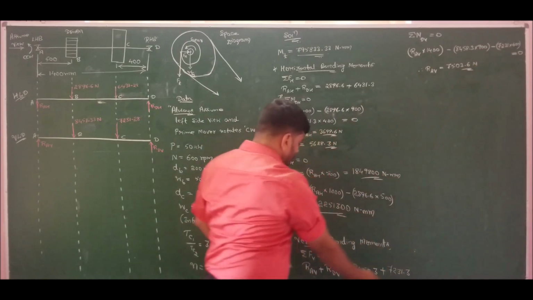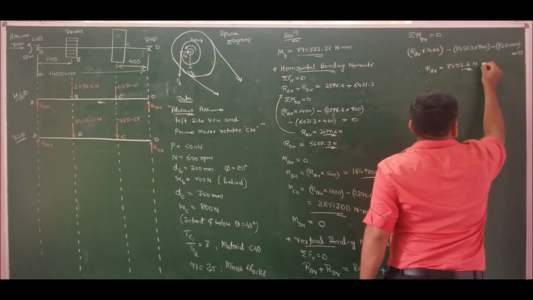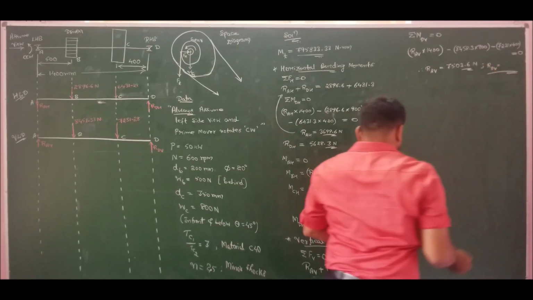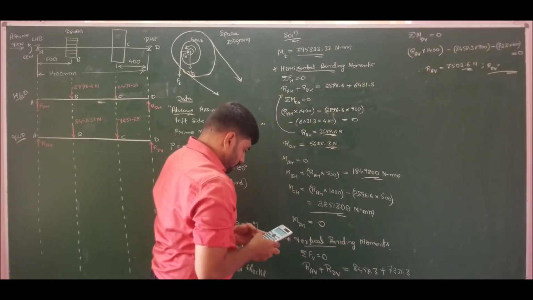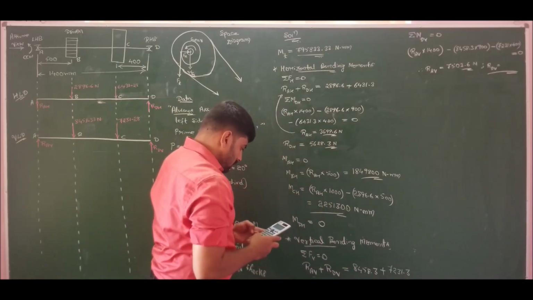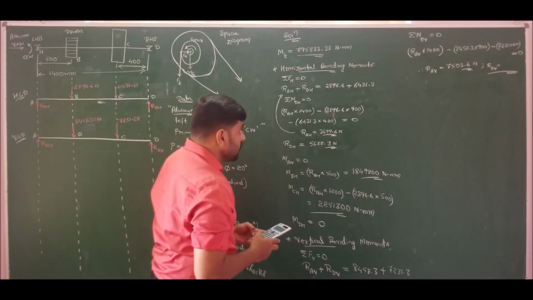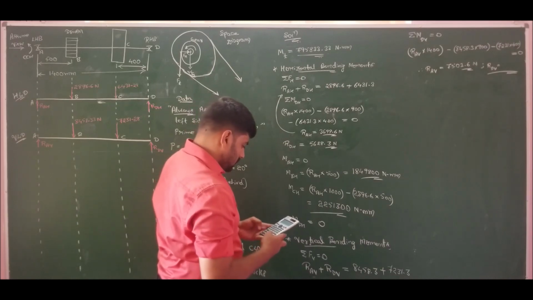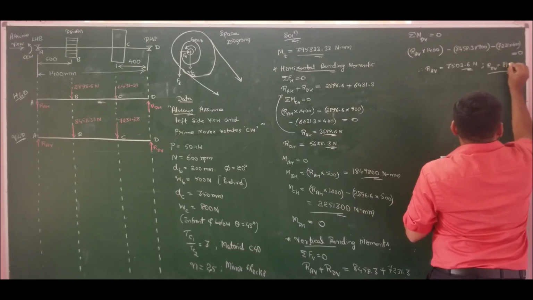Now resubstitute RAV here and find the value of RDV. So RDV will be 8458.3 plus 7231.3 minus 7503.6, which is 8186 newtons.